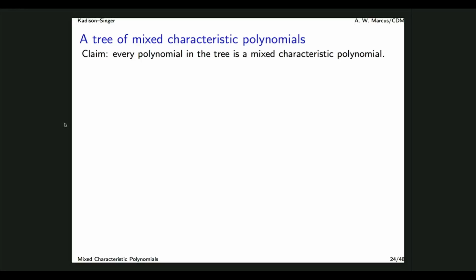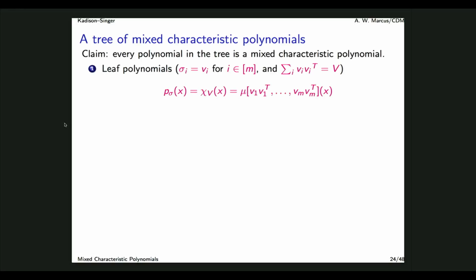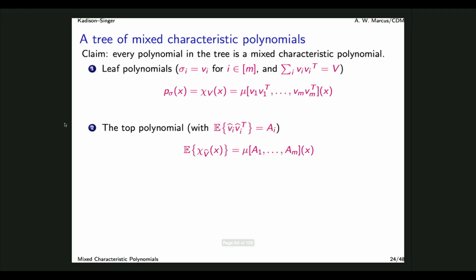And my claim is that every polynomial that we've seen in the tree is a mixed characteristic polynomial. The leaf polynomials, where we actually have a set assignment for the vectors, we can give a really silly probability distribution, where it's that vector with probability 1 and something else with probability 0. So the leaf polynomials are mixed characteristic polynomials.